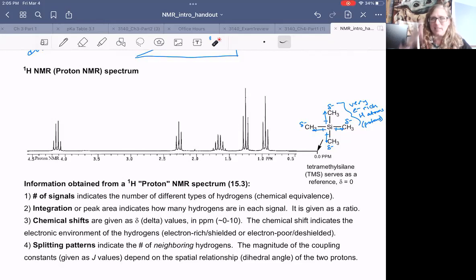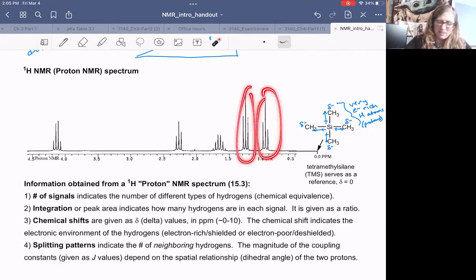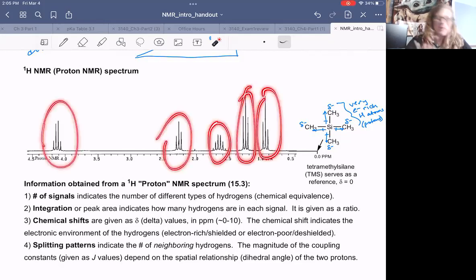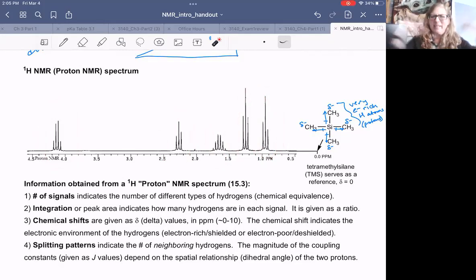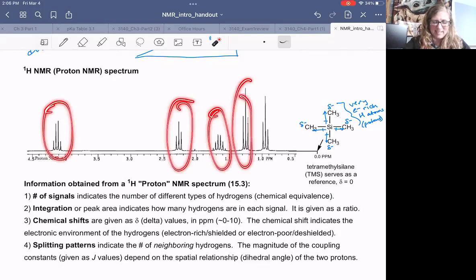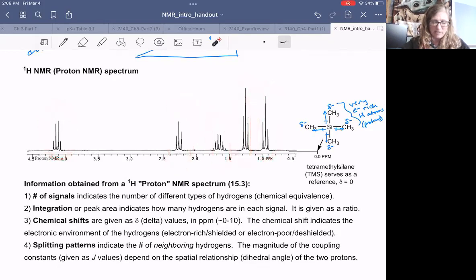Organic chemists typically call these signals, although that's kind of complicated because they're not really signals. I think the more precise term is to call it a resonance. The number of signals, or resonances, showing up with this particular sample will tell us the different types of hydrogens we have.